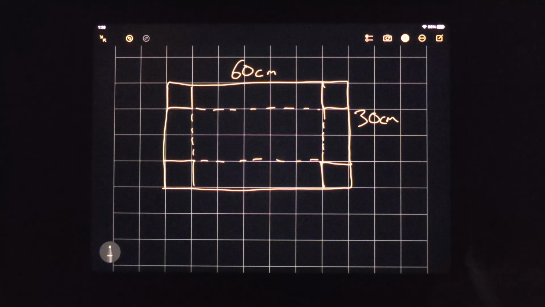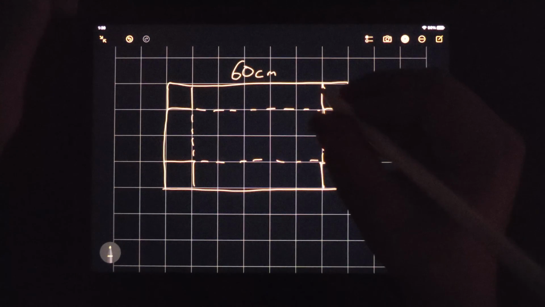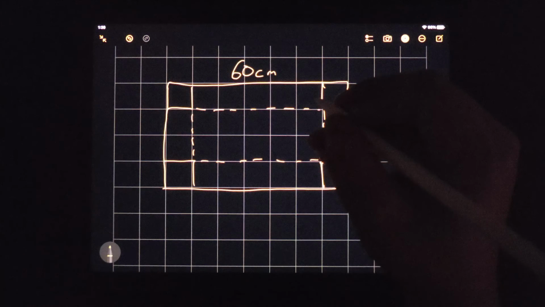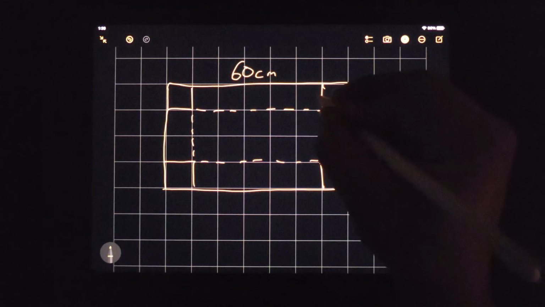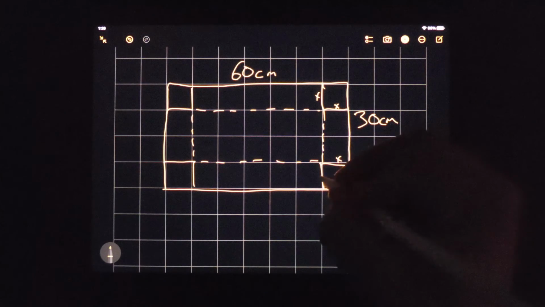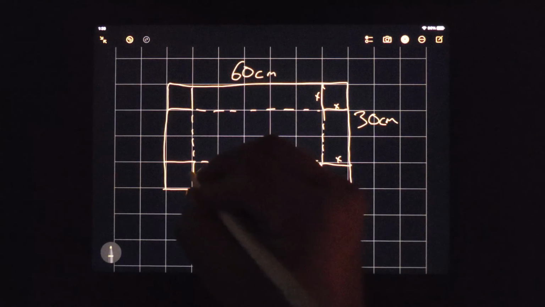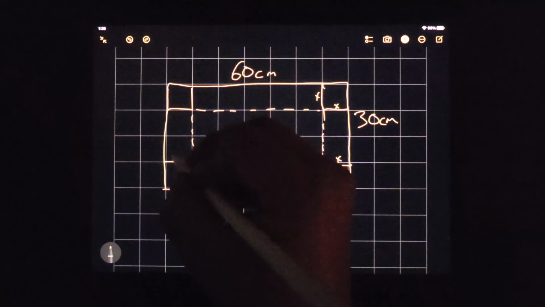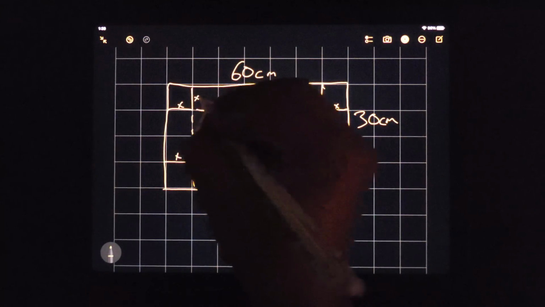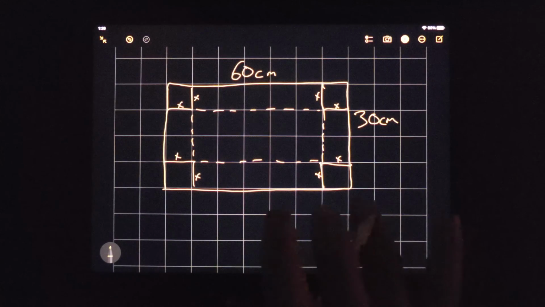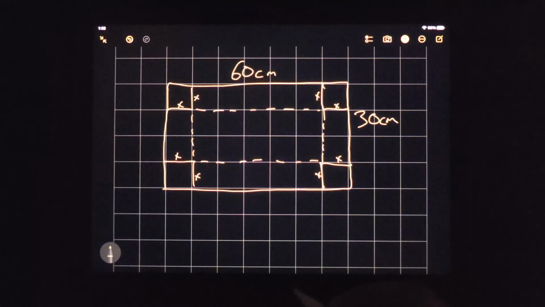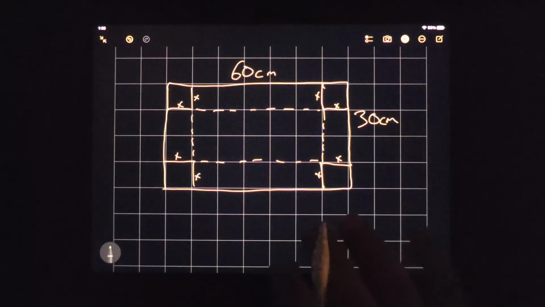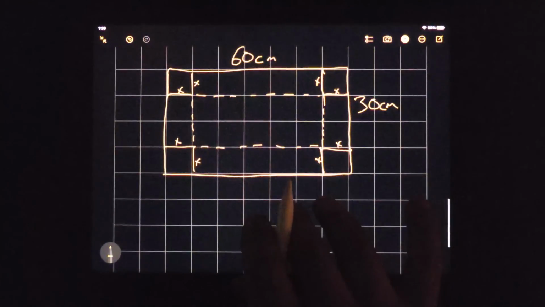I want to fold it upwards. But I want to fold the edges by the same amount on every side, x on each side. But I want it in a way that will give me the largest volume possible when I fold this into a box.